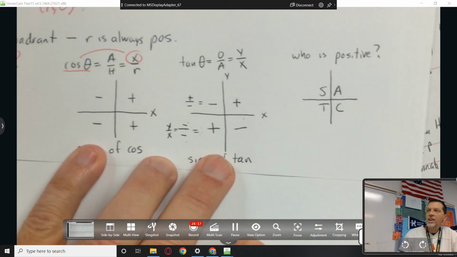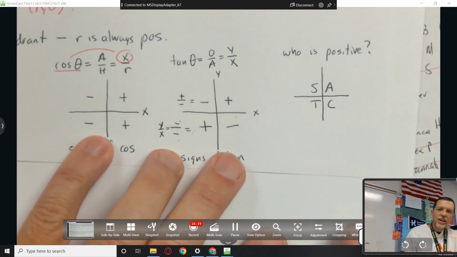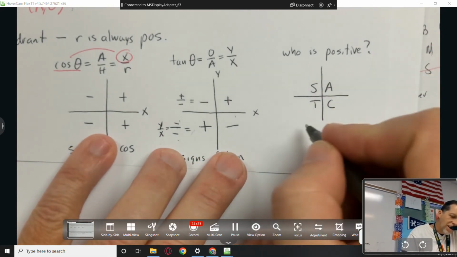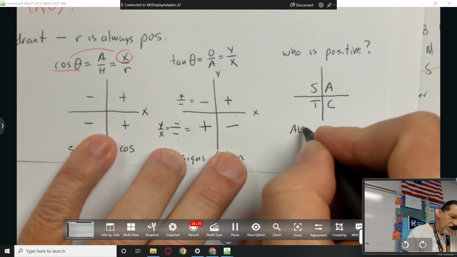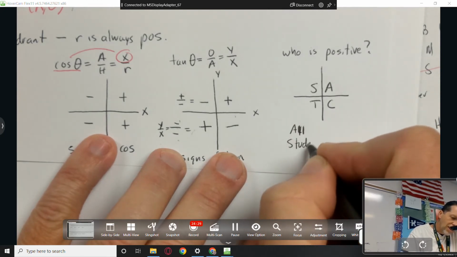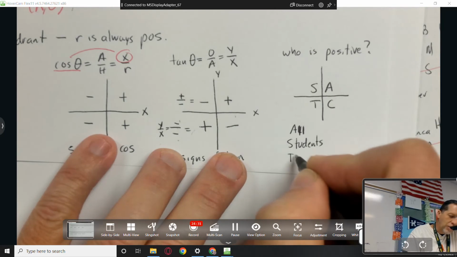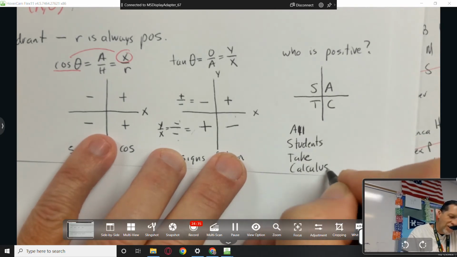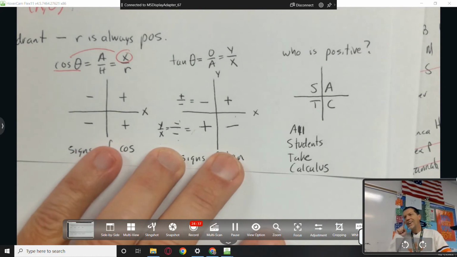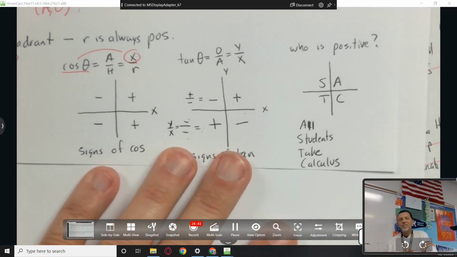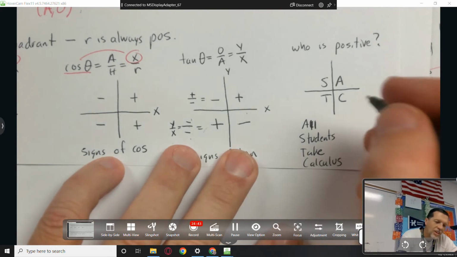ASTC, which stands for all students. This is not a true statement, but it makes sense for us. All students take calculus. No, they don't. Of course they don't. But all students take calculus.